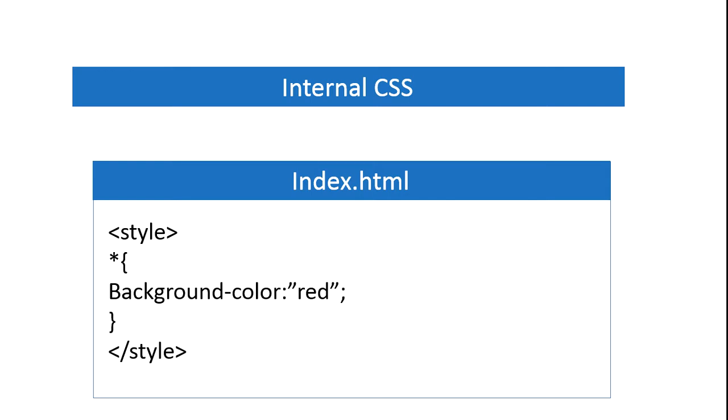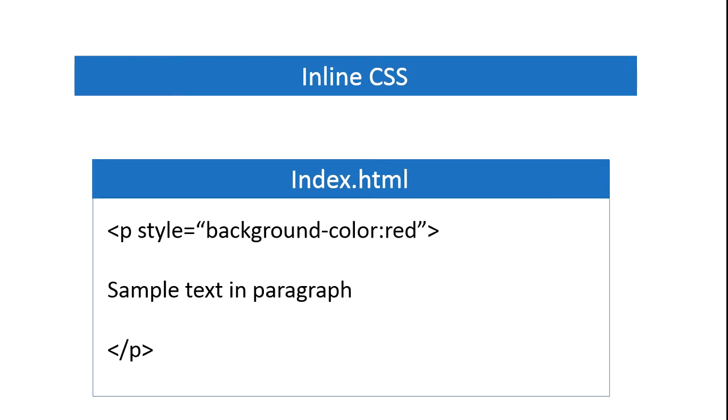The third type of CSS is inline CSS. As the name suggests, inline means inside the HTML tag. The purpose is, if I want to specify a look and feel for a specific element, we'll use inline CSS. How to use it? For example, I want to apply CSS for a paragraph.